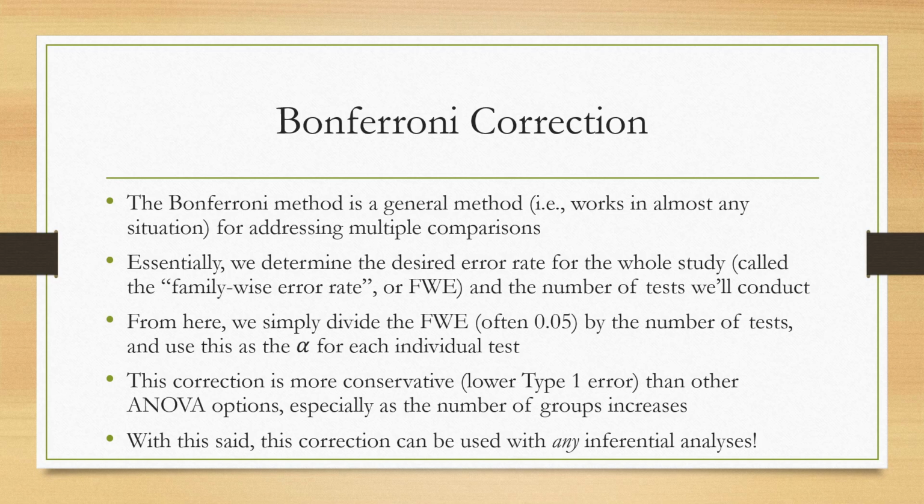Sometimes it seems like a good thing to be more conservative. Hey, I have less error. But consider that also means you're increasing the chance that you don't find something you should have. You're increasing your type 2 error when you lower your type 1 error this way. So it's not that you have less error, it's that you have less of one specific kind of error. You're making less accidental significant claims, but you might be making more accidental non-significant claims.